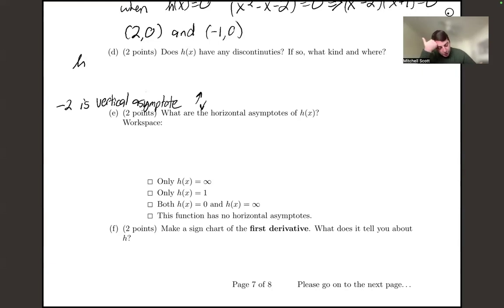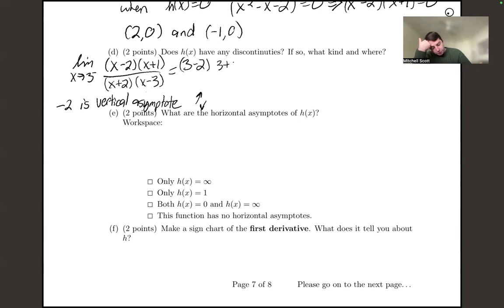Okay. So the other one we said was an issue is when x approaches 3, and then we're going to keep it in its factored form. (x minus 2)(x plus 1) over (x plus 2)(x minus 3). And again, we're going to approach from the left first, right? We would get 3 minus 2, 3 plus 1 over 3 plus 2, which is 5.